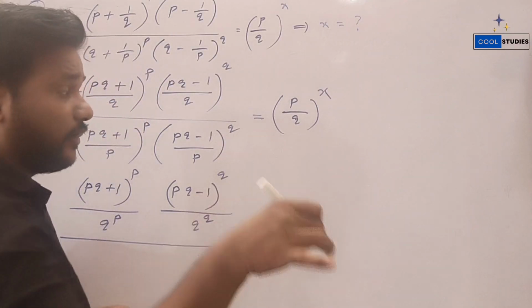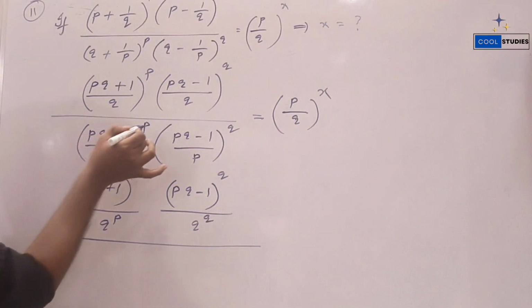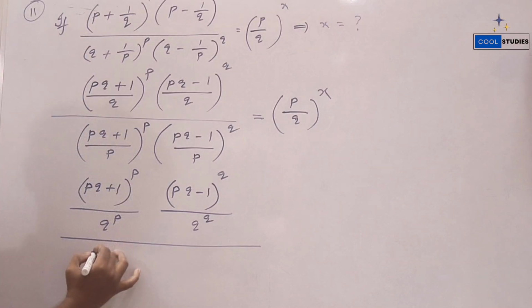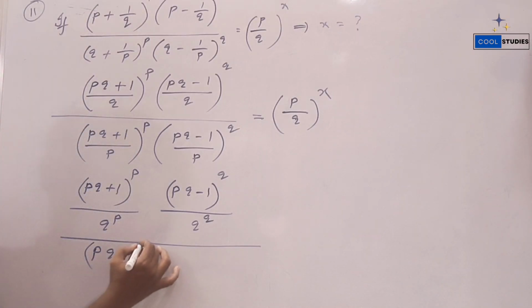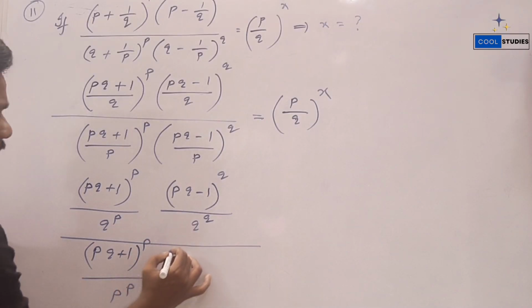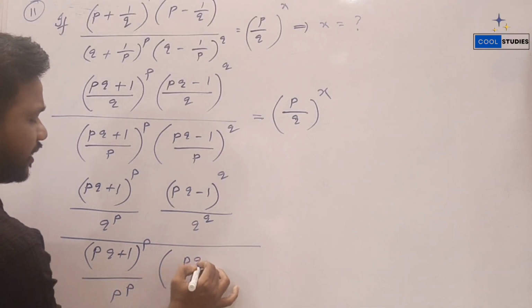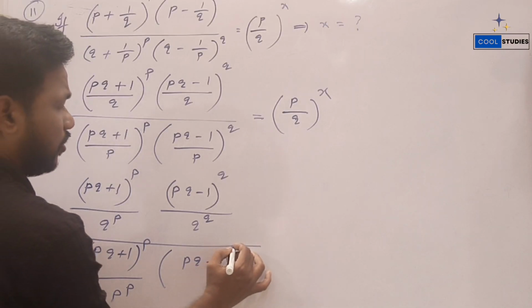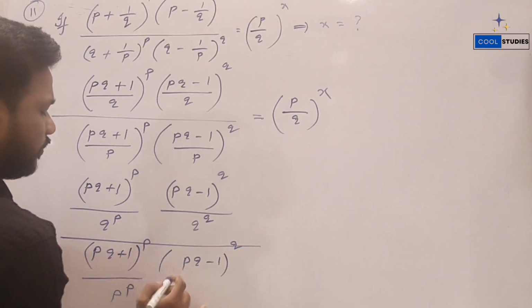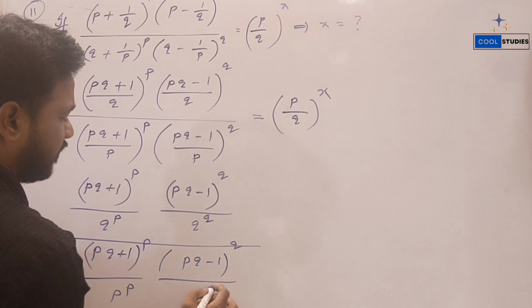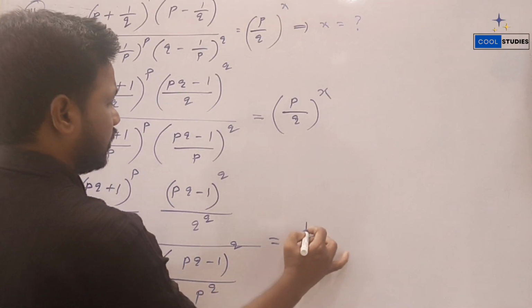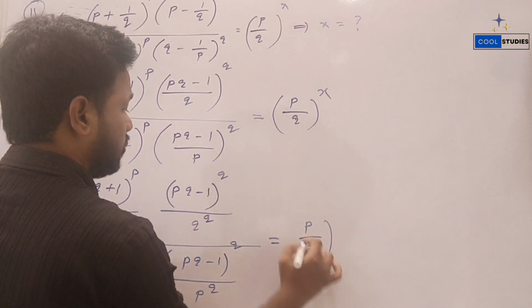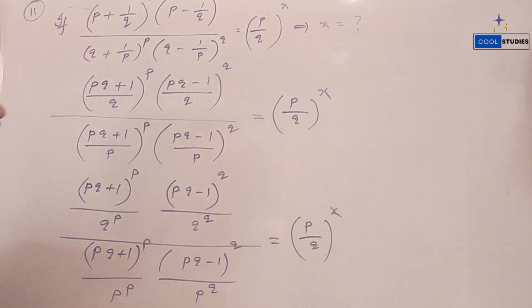Similarly in the denominator also, apply the power to numerator as well as denominator. So (pq plus 1) to the power p by p power p, into (pq minus 1) whole power q by p power q, is equal to (p by q) whole power x.